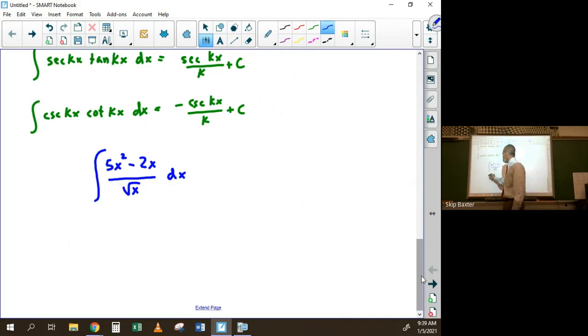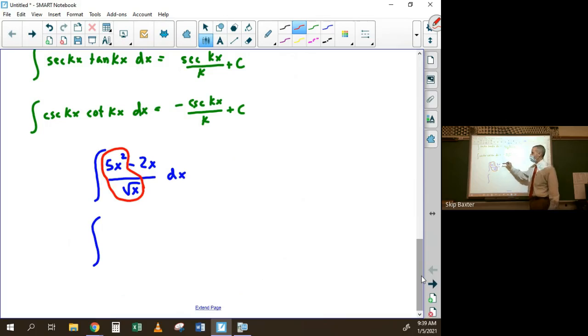So you think of it as this fraction right here, x squared divided by x to the half. You would subtract exponents, and you would get 5x to the 3 halves. And then same thing, you think of this as a separate fraction. So it's going to be x to the first divided by x to the 1/2.